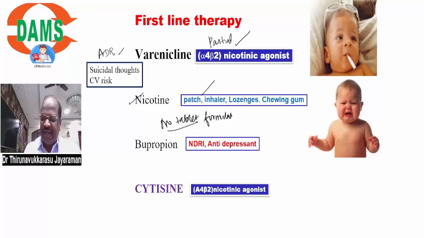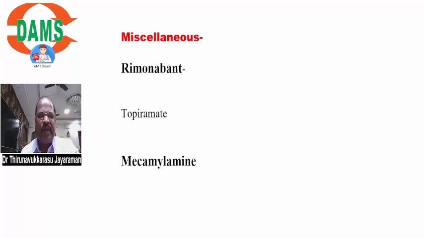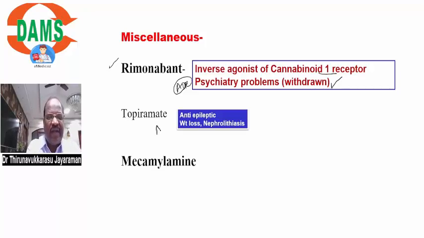Apart from first line drugs, the second line drugs useful to control smoking are clonidine, an alpha 2 agonist, nortriptyline, a tricyclic antidepressant, and then miscellaneous drugs: rimonabant, topiramate, mecamylamine. Rimonabant is an inverse agonist of the cannabinoid 1 receptor, but it causes many psychiatric problems, and because of these adverse effects it was withdrawn from the market. Topiramate, an anti-epileptic drug, also has the property of controlling smoking, but causes adverse effects of weight loss and kidney stones.